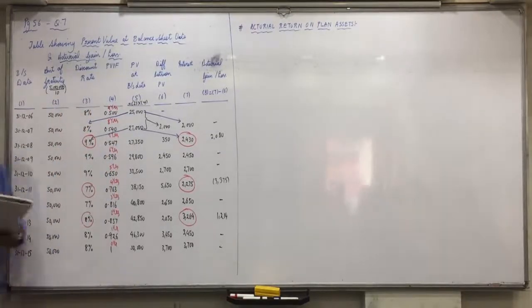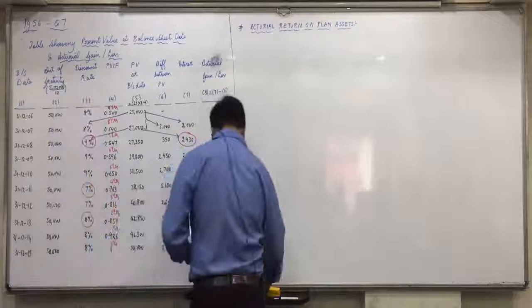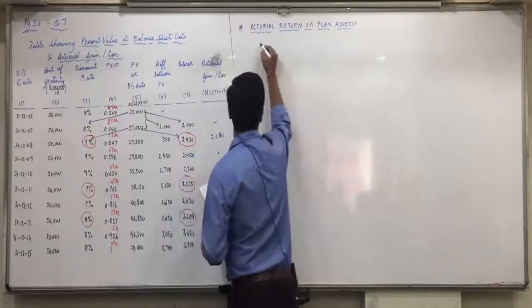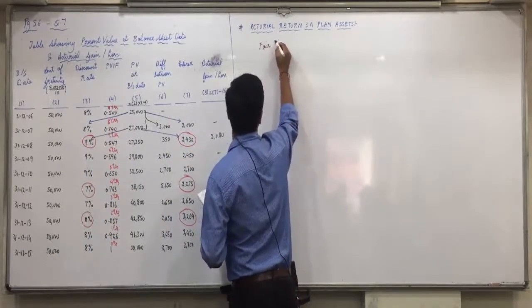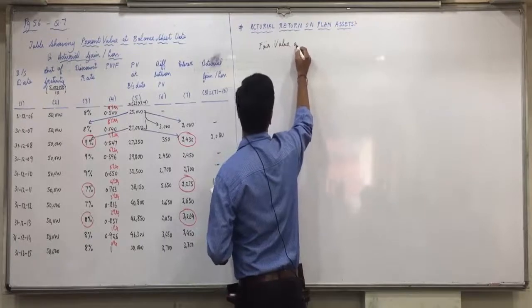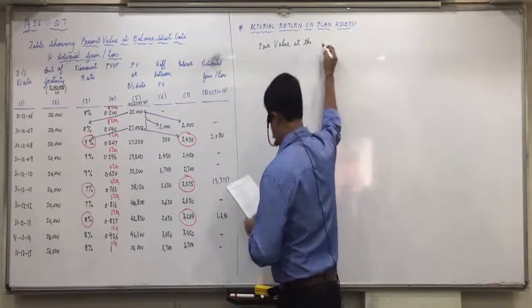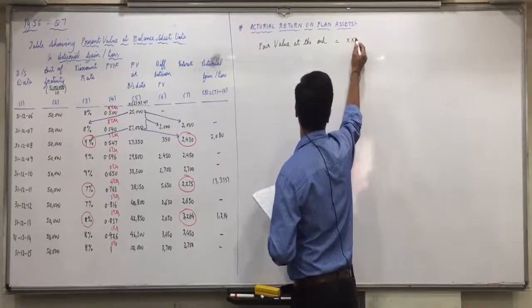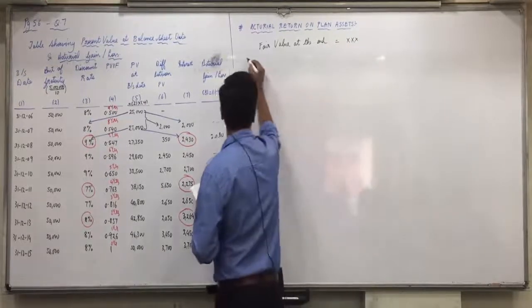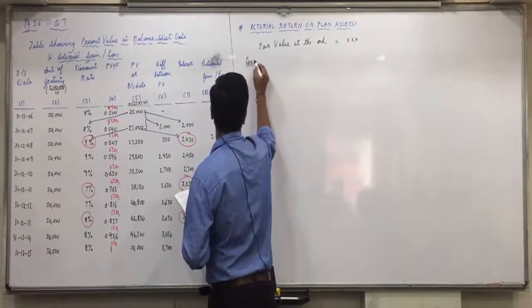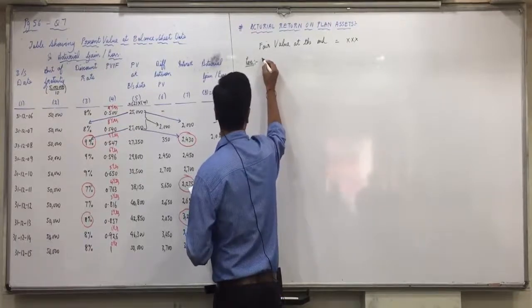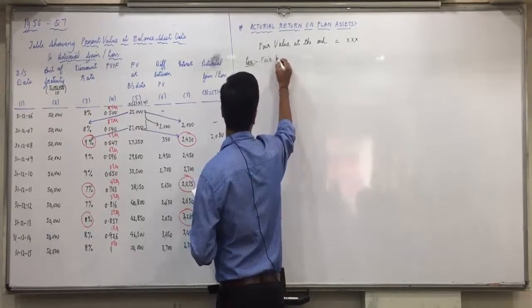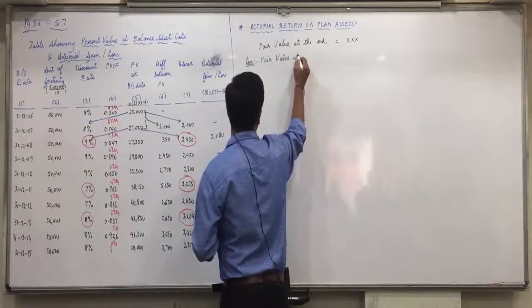Right now, fair value at the end minus fair value at the beginning.